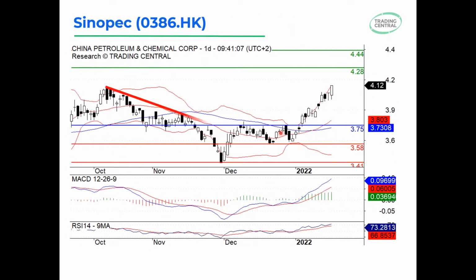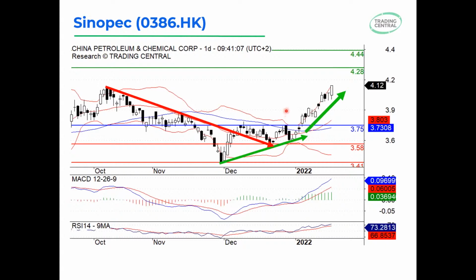This one, we talk about price, just like the previous ETF, developing up onto the upper Bollinger Band. It crossed above a declining trend line, and then it developed a rising trend line, and it is very impressive.